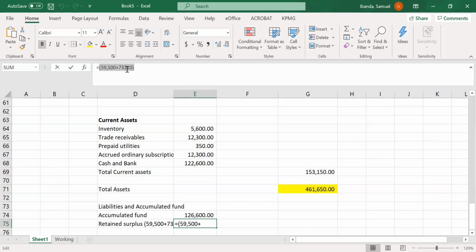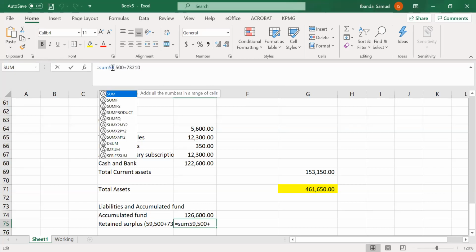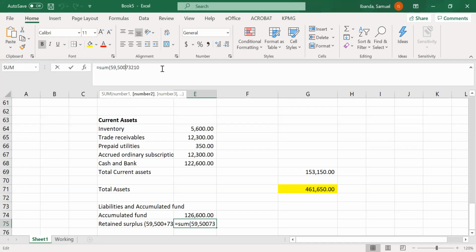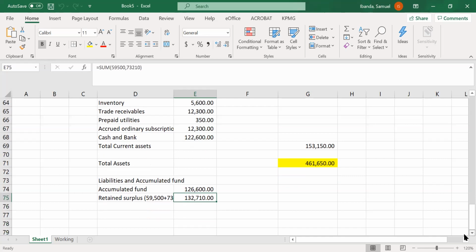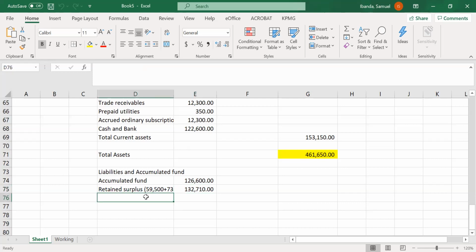What do we get? Do some. So we get 132,710 as our retained surplus when you add the two values there.